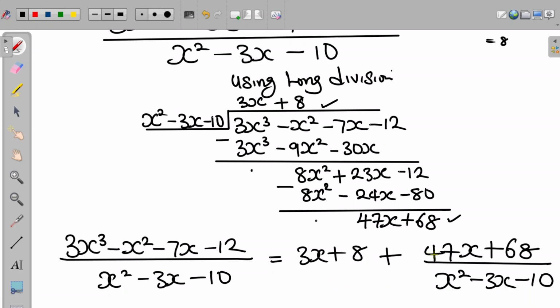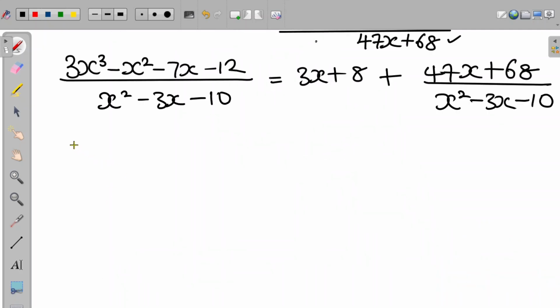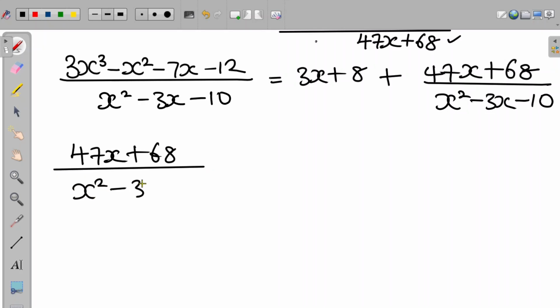Now, our interest will be in how to resolve this proper fraction on the right-hand side. So our proper fraction is (47x + 68) divided by (x^2 - 3x - 10).